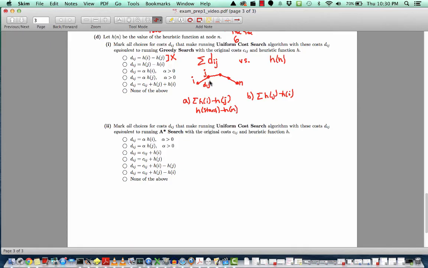So in this case, all the nodes are going to be canceling out again, and what we're going to be left with is the last node, h of n, minus the heuristic of the start node, which is h of start. In this case, the order of nodes in the fringe is going to be determined by h of n because h of start is just a constant. So this is going to be the same as what greedy search is returning. So in this case, greedy search is equivalent to uniform cost search.